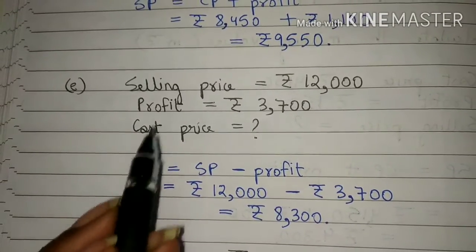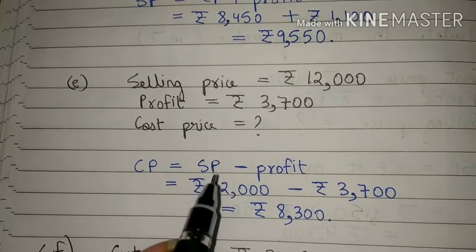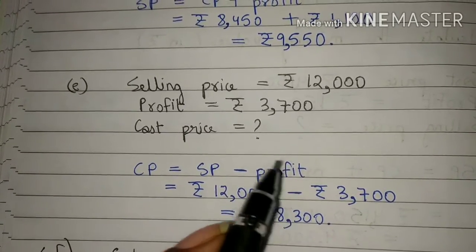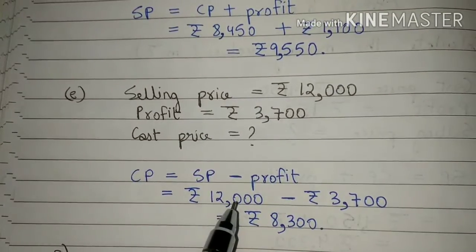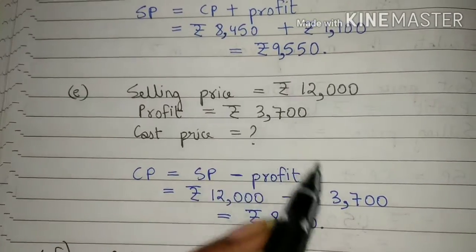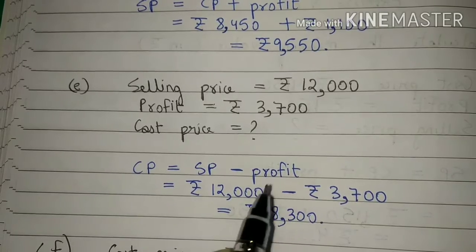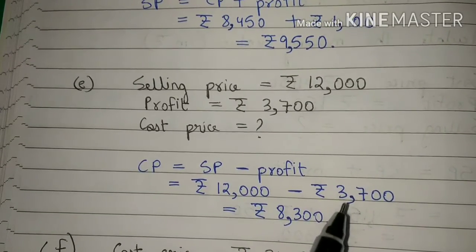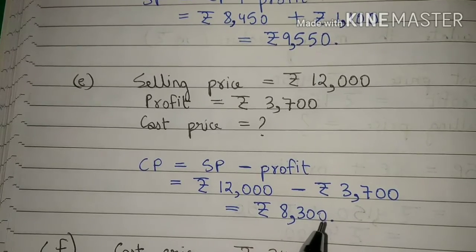Students, how will you calculate cost price? Cost price is equal to selling price minus profit. Selling price is rupees 12,000 and profit is rupees 3,700. So, rupees 12,000 minus rupees 3,700 is rupees 8,300.